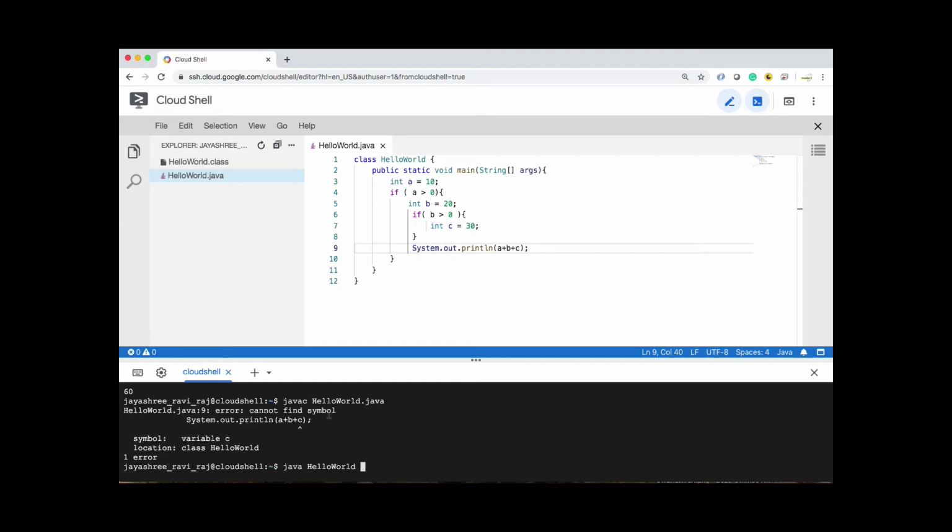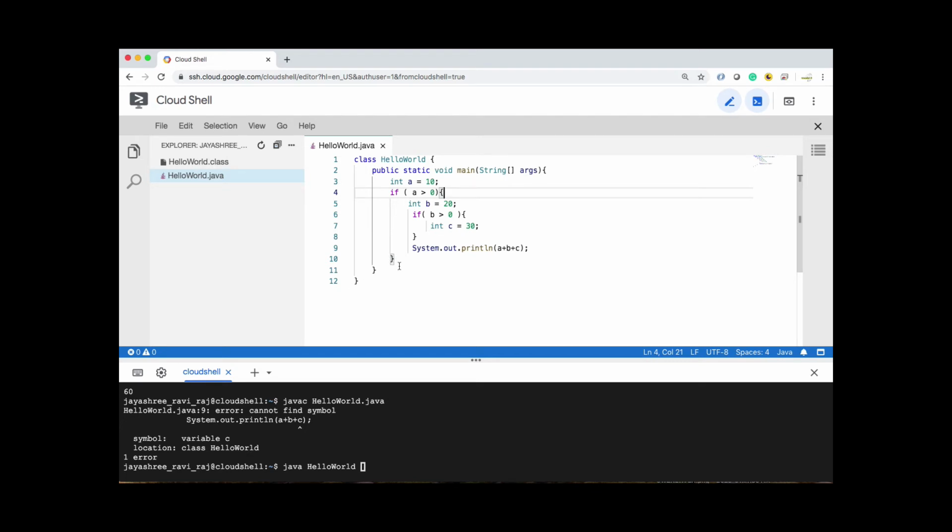It's saying cannot find symbol C, and it's giving the small caret here pointing to C, so it's not able to find C. And the reason for that is this line number 9 at this point is part of the outer block. So the block starts here, ends here, and this one is part of this outer block.